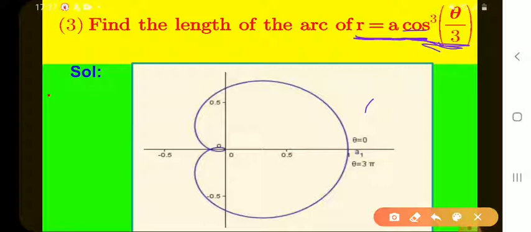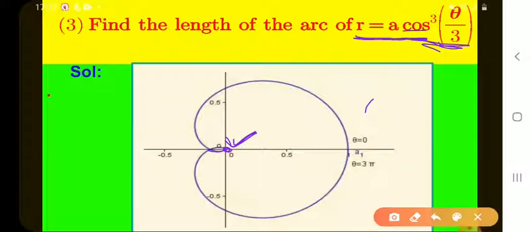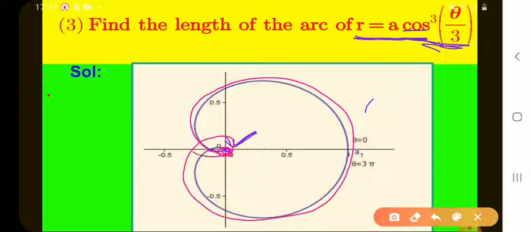See here, first the point starts from 0. This is the 0. After that, see, start from the point here and rotate like this. See, pink line, and again here like this.